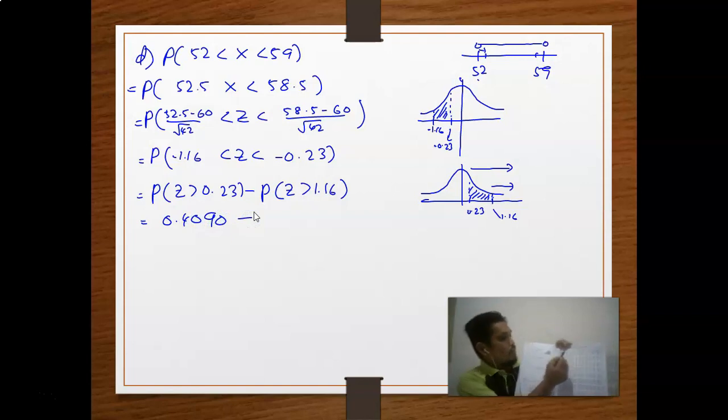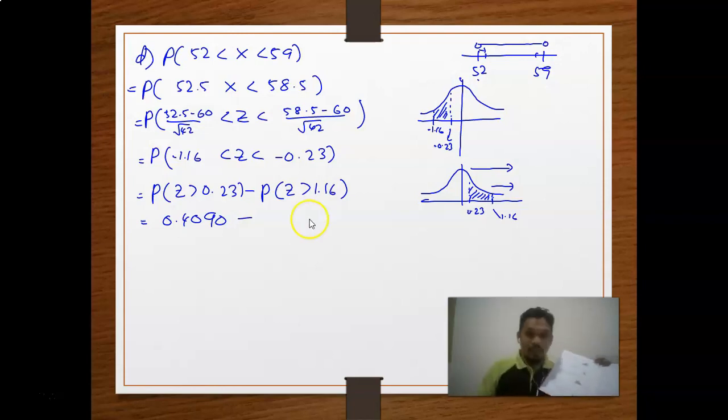Minus 1.16: 1.1 and then 0.06 here, 1.1 with 0.06, gives 0.1230. That is equal to 0.2850.